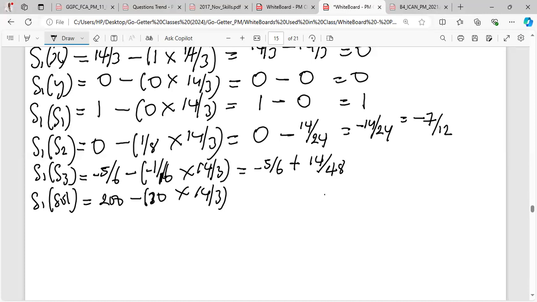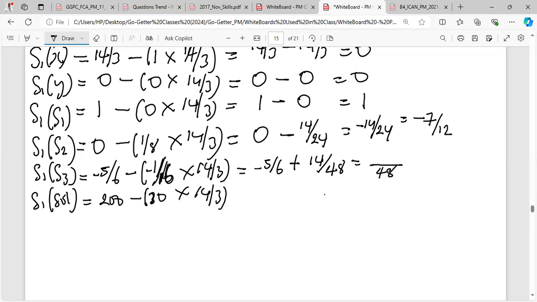Because you know this is 16, not just 6. So LCM between 6 and 48. 6 times 8 is 48. So 48 will be the LCM here. So my denominator we have 48.